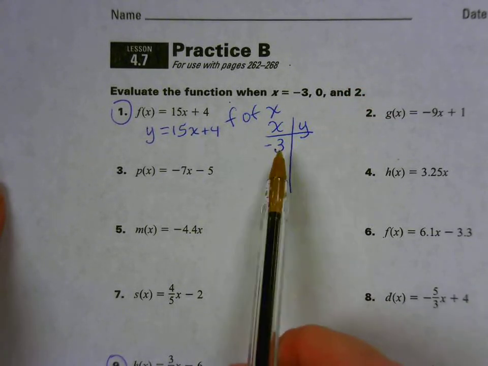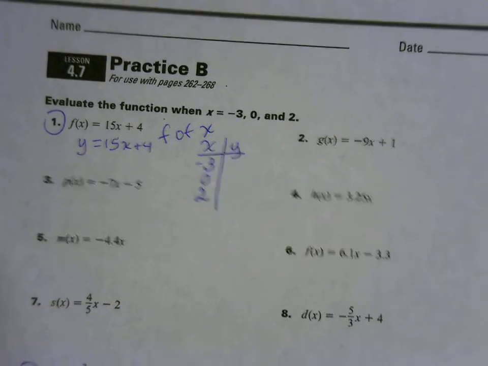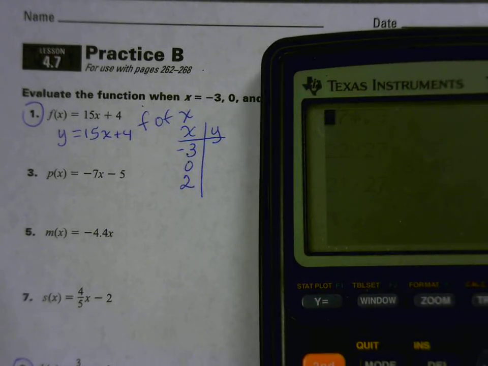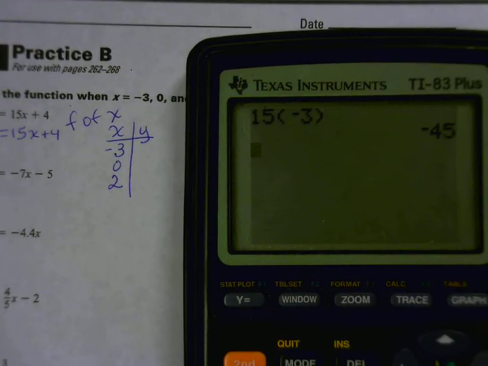So I'm going to take -3 and plug it in for x. I'm going to take 15 times -3. So I'm just plugging it in there for x. And then I'm going to add 4. So -45 plus 4 is -41. Okay, so I'm going to have -41.